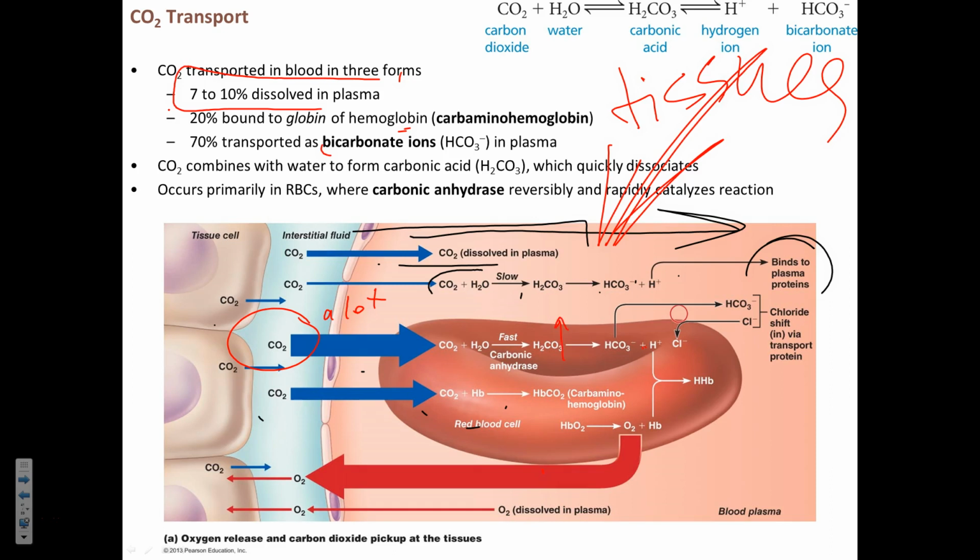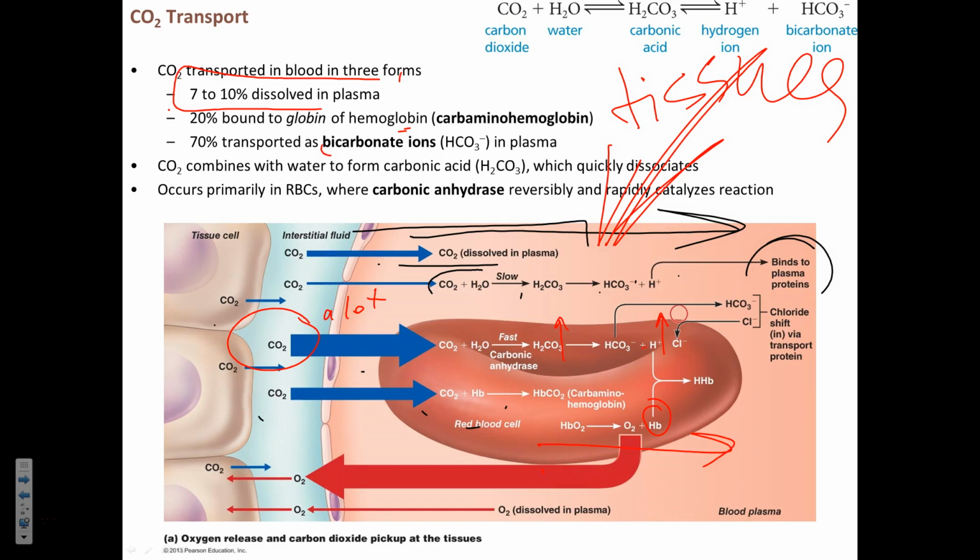Levels of hydrogen ion that is produced go up. So if you have more hydrogen ion, it can bind more hemoglobin, which shifts the unloading reaction towards the unloading itself.